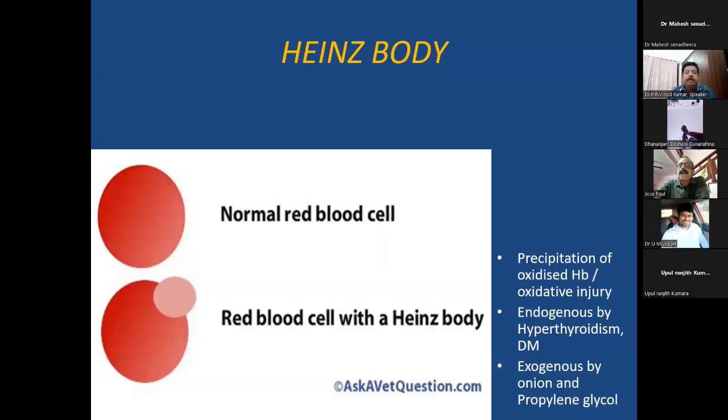So onion poisoning can lead to Heinz body production, and Heinz bodies will destroy the individual erythrocytes, producing Heinz body anemia. These are Heinz bodies in a blood smear, in individual erythrocytes. You can see the Heinz body. When you are looking for the first time, sometimes you may think that these are vector-borne organisms.